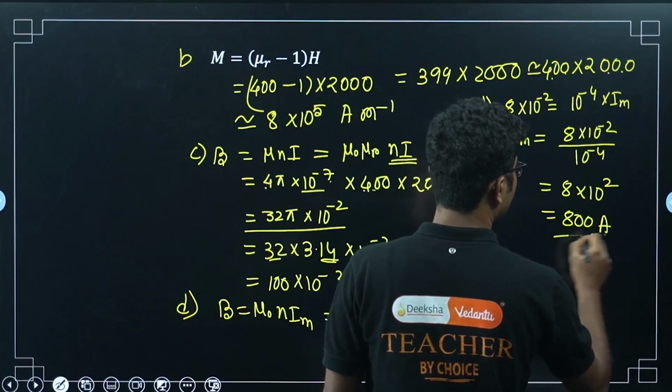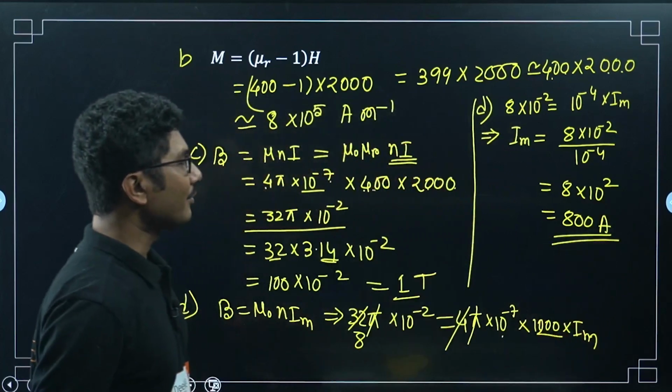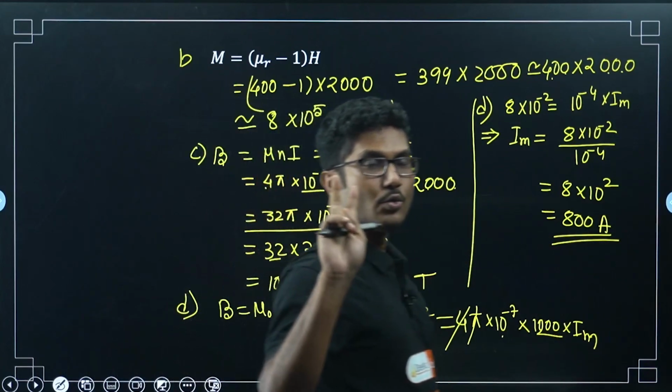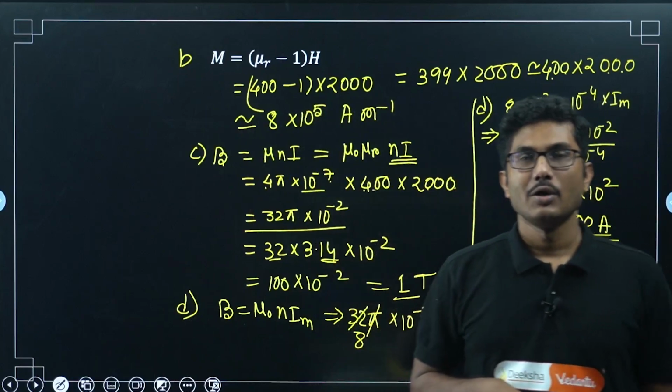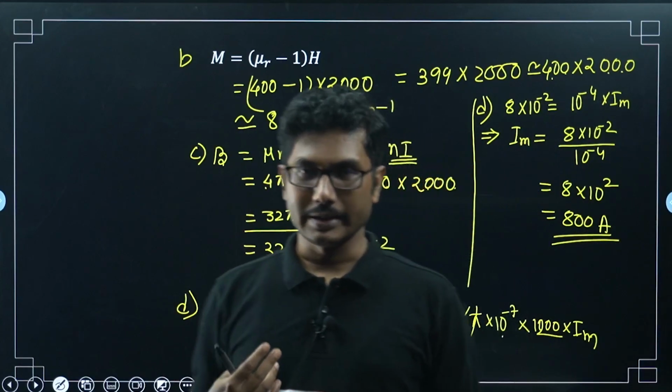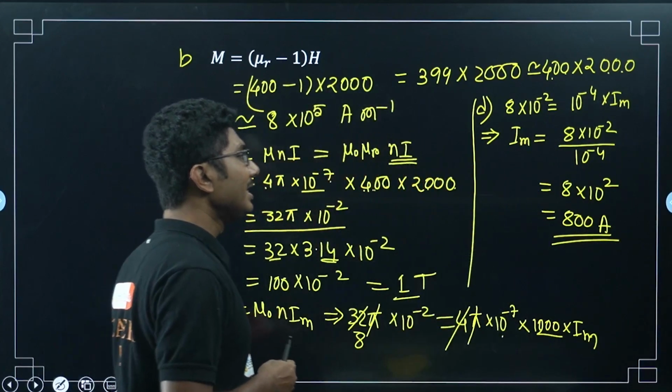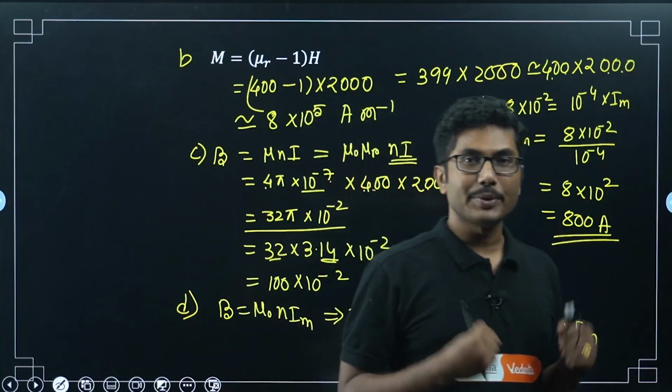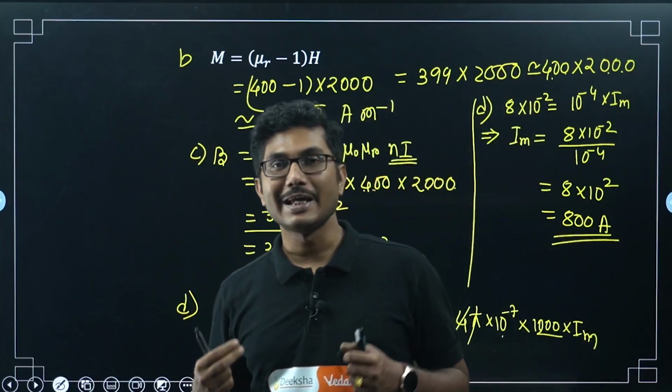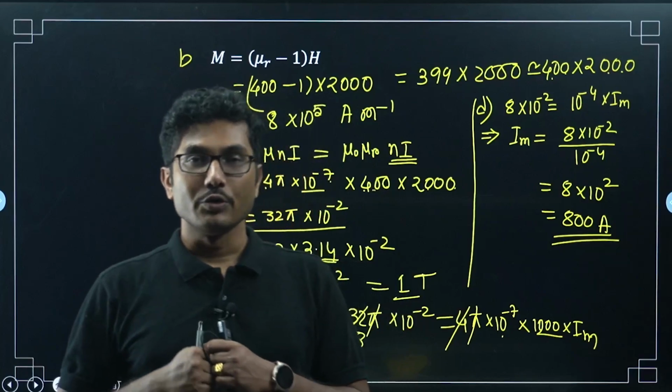So imagine that the magnetic field we achieved using only 2 ampere current with a certain material, we now need 800 ampere current to achieve the same magnetic field, which is absurd.